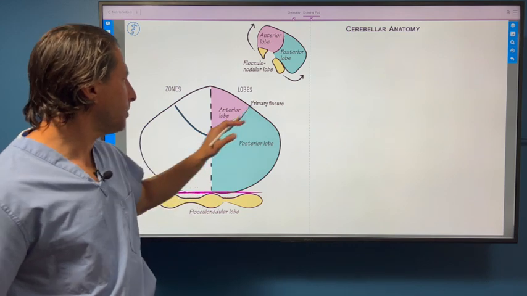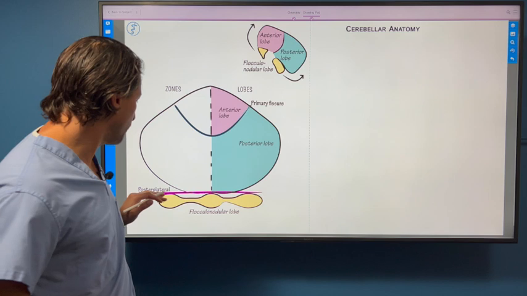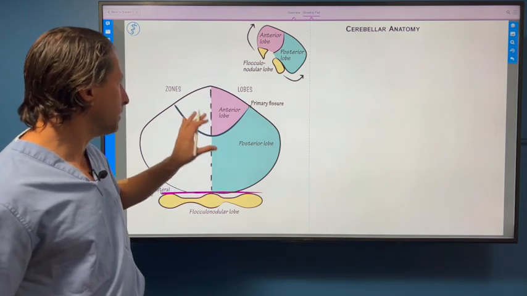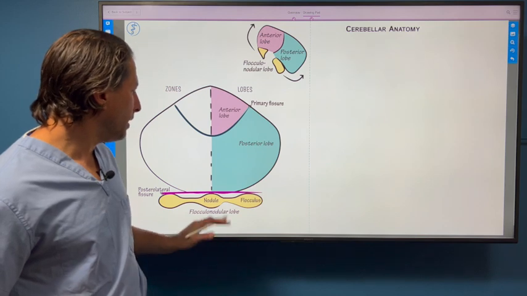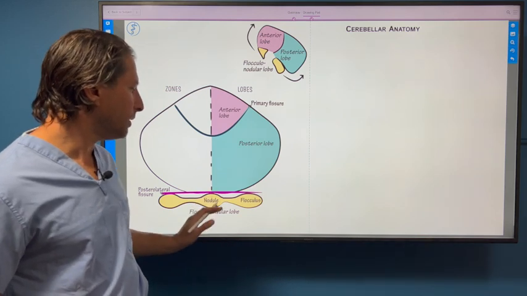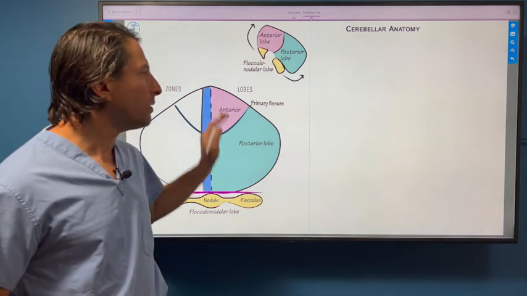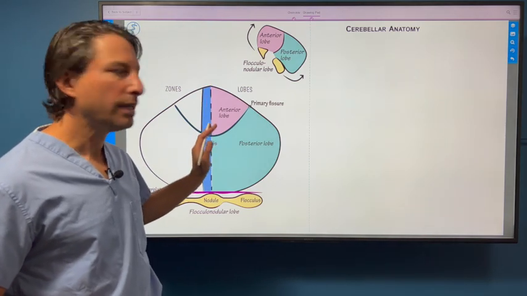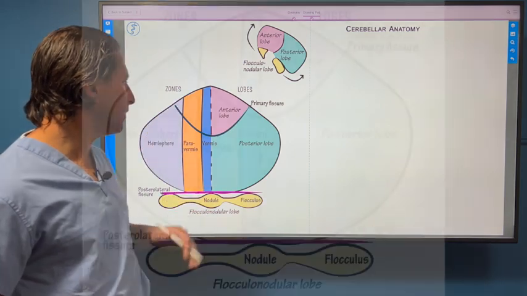So we can see that the primary fissure separates the anterior and posterior lobes, and then the posterolateral fissure separates the cerebellum here from the flocculonodular lobe. The flocculonodular lobe has this nodule in midline and then this flocculus out laterally. And then there's a vermis medially and a paravermis outside of it, and then the cerebellar hemispheres.